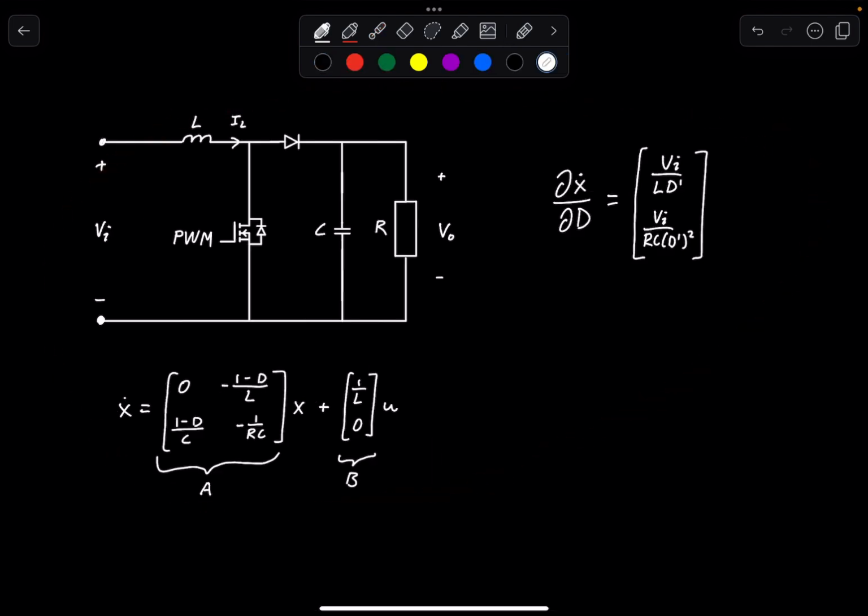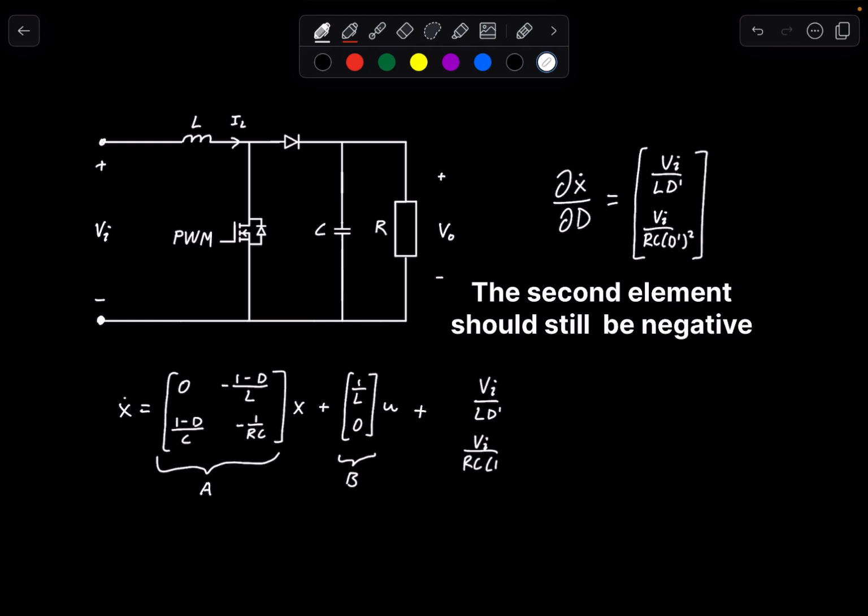So now this is all we need. So we can just add this part, this matrix multiplied by D, the duty cycle. So we have VI over L D prime, and then we have VI over RC D prime squared.